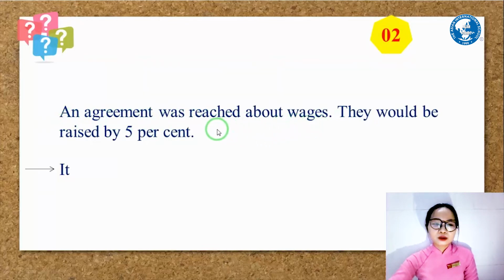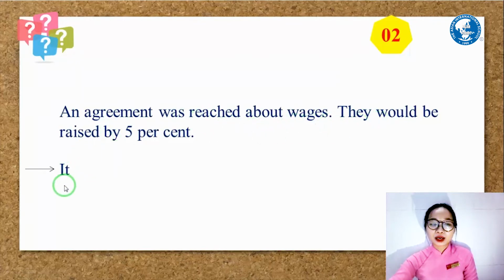So, in other words, you can say people agreed about wages. And the second sentence: they would be raised by 5%. So what is "they" here? It is wages. So we can combine them into one sentence. That is, people agreed that wages would be raised by 5%.